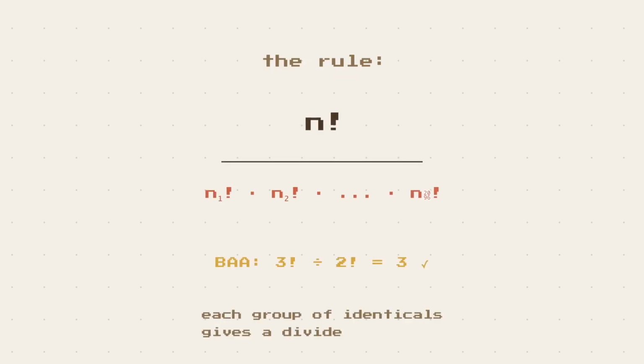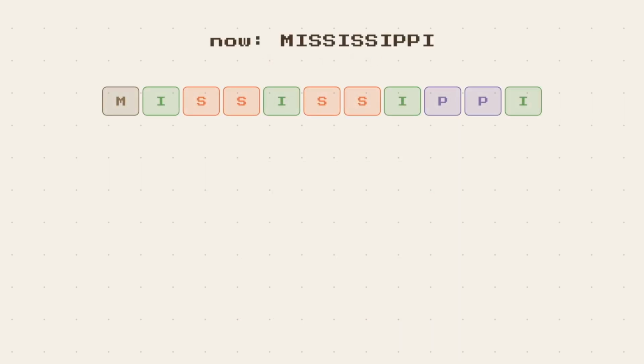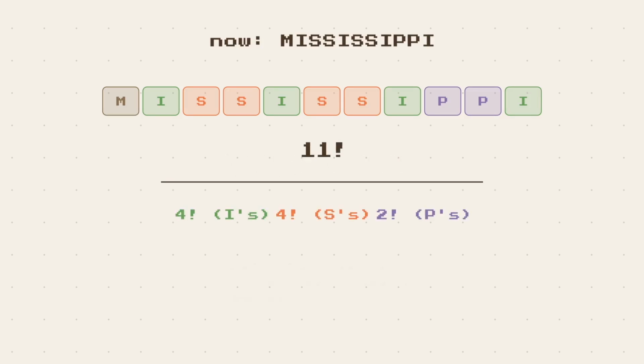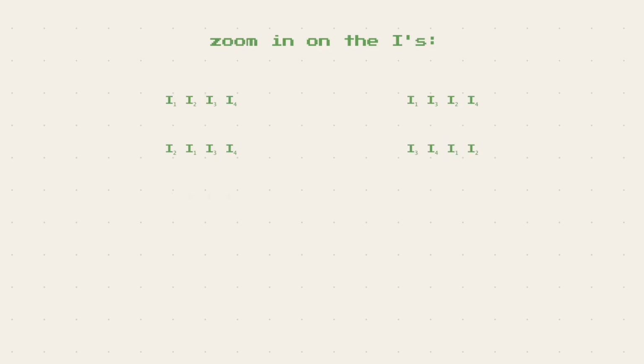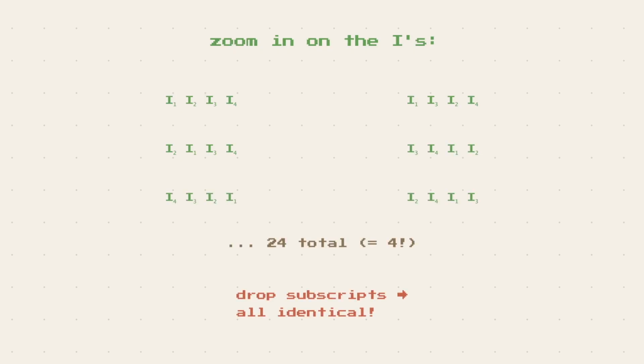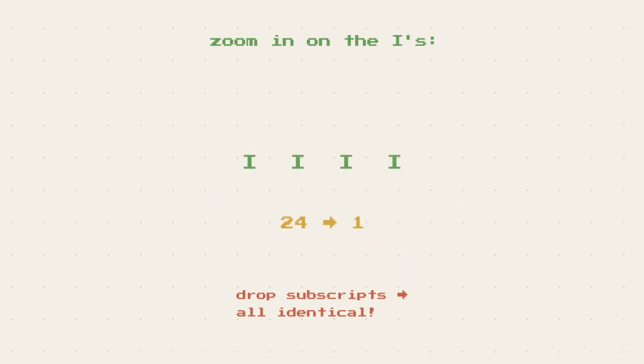So let me show you an example of this, which is the Mississippi one again. Mississippi has 11 letters, and if all were different, that would be 11 factorial, which is 40 million, right? That's way too much. But we have four I's, four S's, and two P's, and each group shuffles, right? So we can divide. Let's take a look at I now. We have 24 orderings of I, and all collapse into just four I's, right?